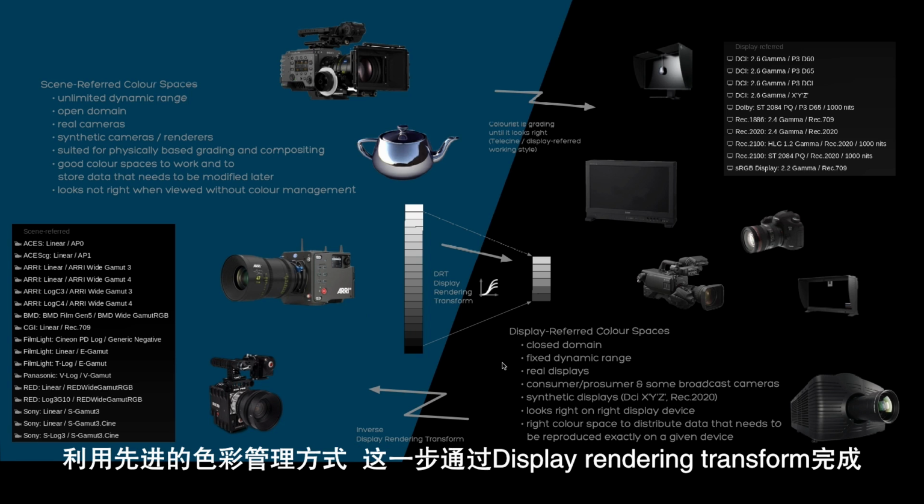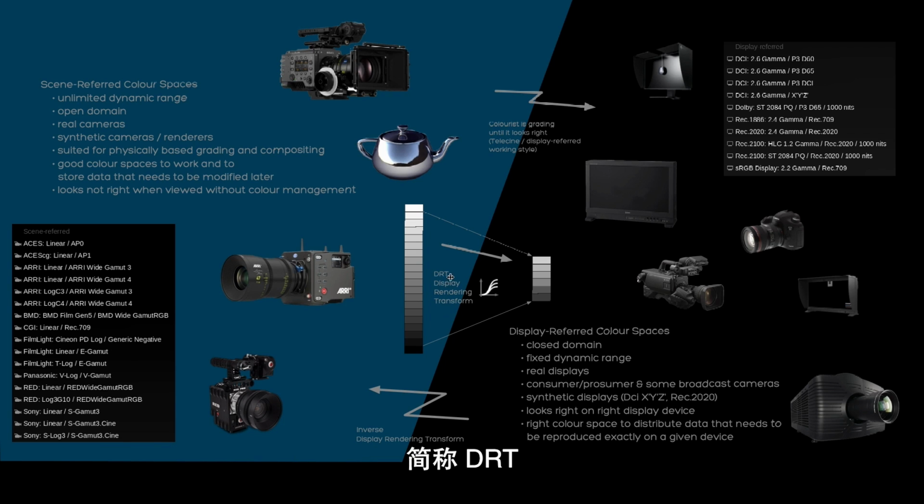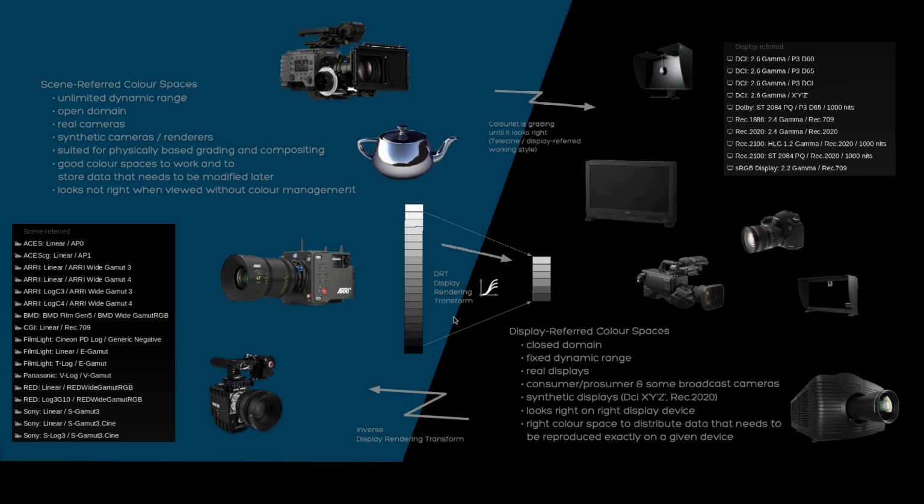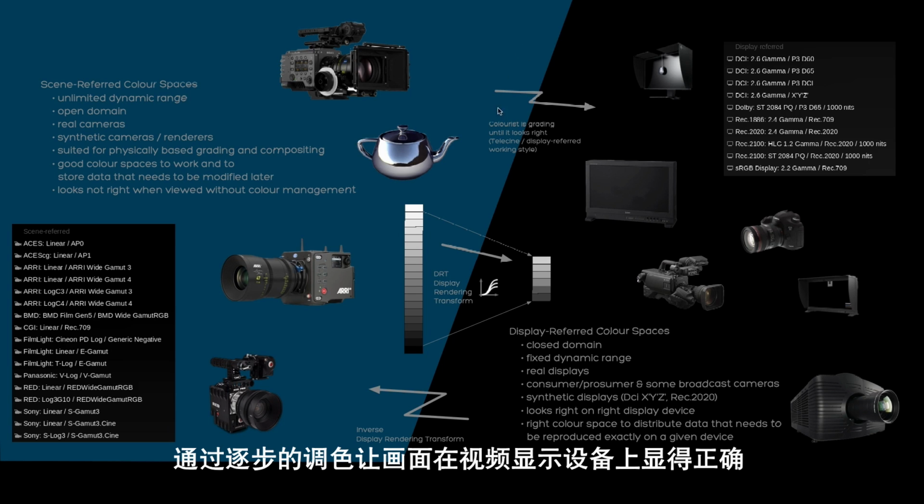In state-of-the-art pipelines, this is handled by the Display Rendering Transform, short DRT. So that's an acronym that you will see a few more times in today's session. There's also the legacy way of working, where the colorist just takes the log image and then is gradually grading it until it looks right on a video display.